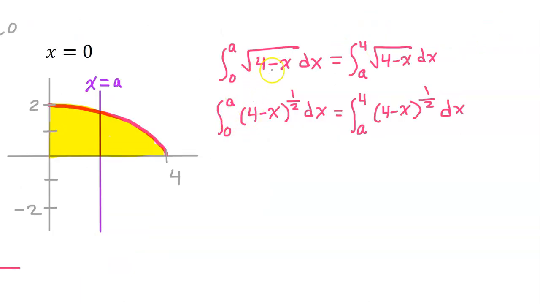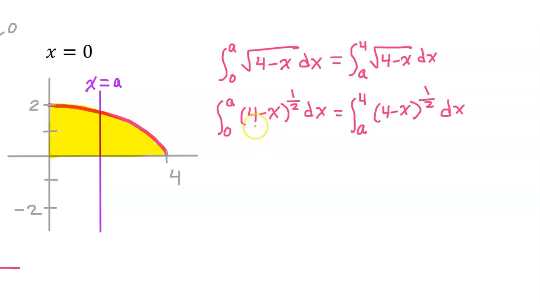The square root of 4 minus x is the same thing as 4 minus x to the 1/2 power. I am about to do a mental u substitution in order to find the antiderivative of this expression. So if I let u be 4 minus x, u prime will simply be negative 1.